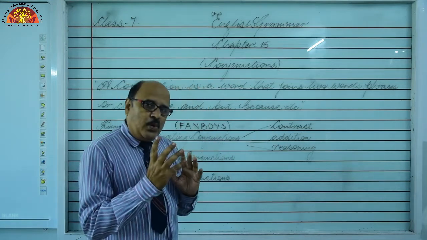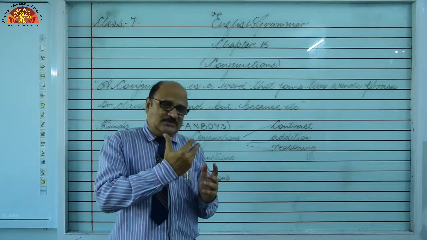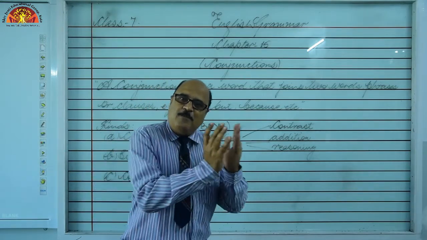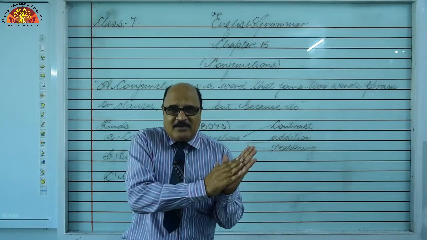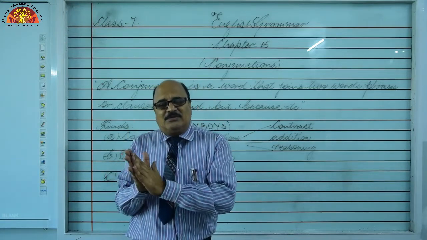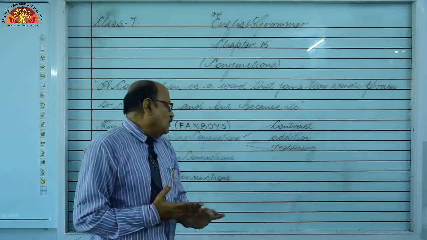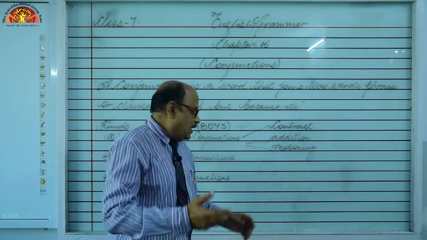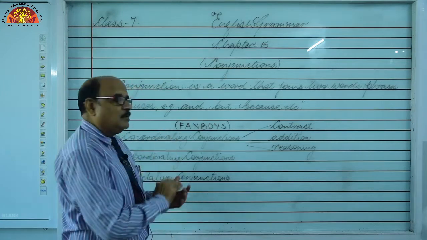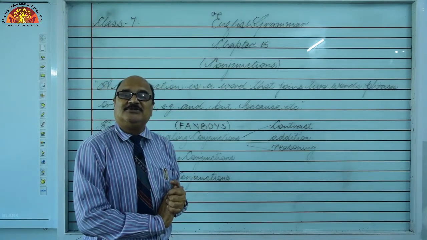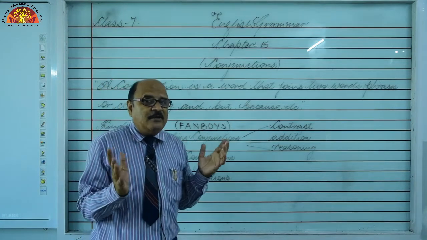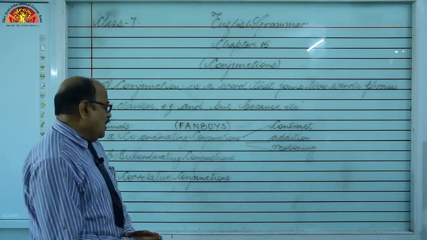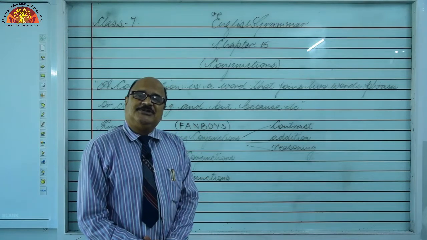So, whenever these two clauses have been given, subordinate clause and main clause, dependent clause and independent clause, right, in this way. So, whatever the words we use to join them are known as subordinating conjunctions.